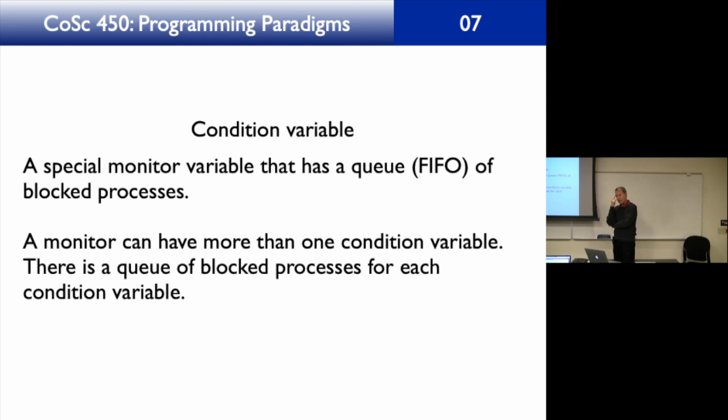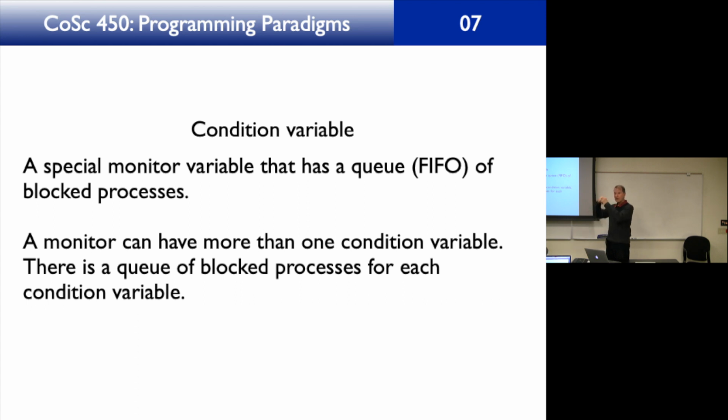Now here's what you should think of. Mentally, you have to think: if I have a condition variable in a monitor, that condition variable has a queue of blocked processes. Can you visualize that? When you see a condition variable in a monitor, what do you automatically think of?